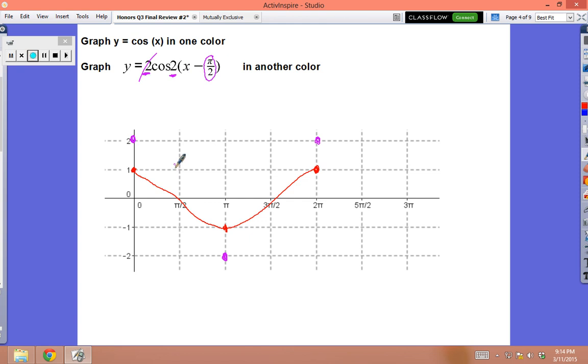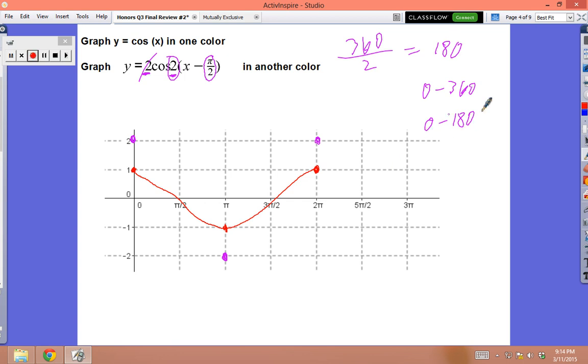Now, let's do the period. So I'm going to take my 360 and I'm going to divide it by 2, and that is 180. So now I'm not going from 0 to 360, I'm going to go from 0 to 180. So I need to start and stop at 0 to 180.